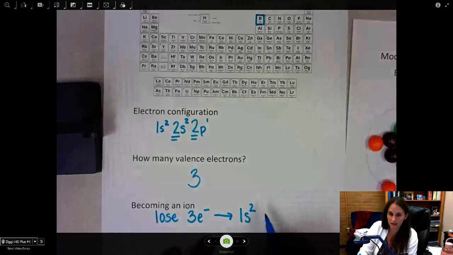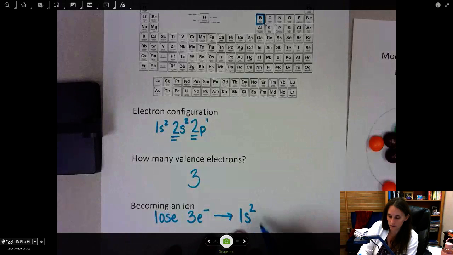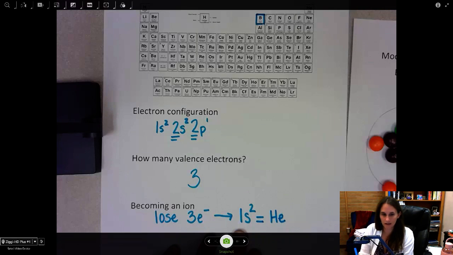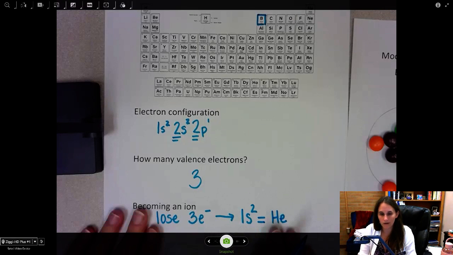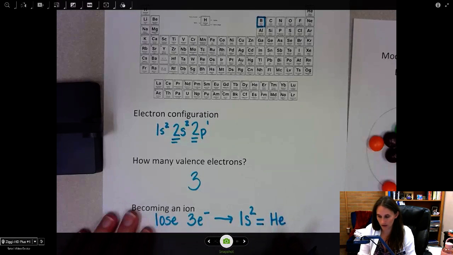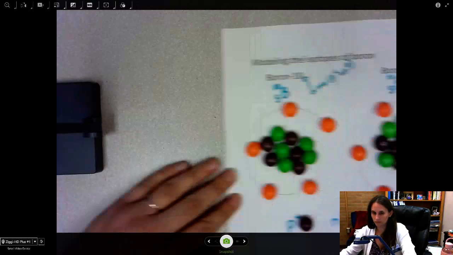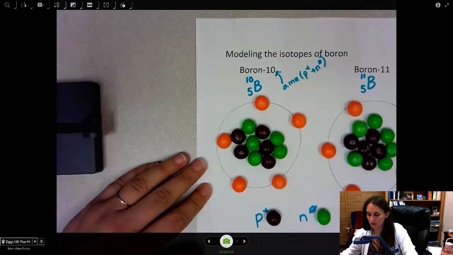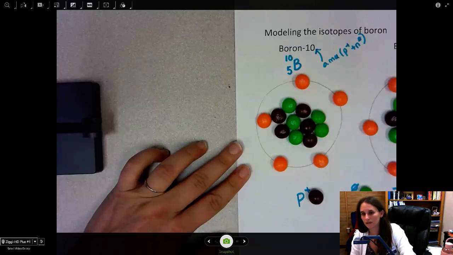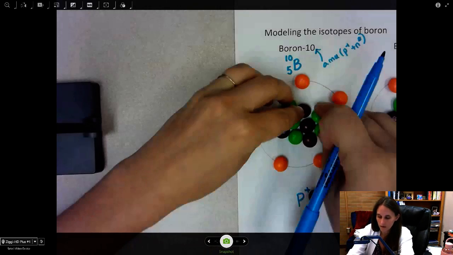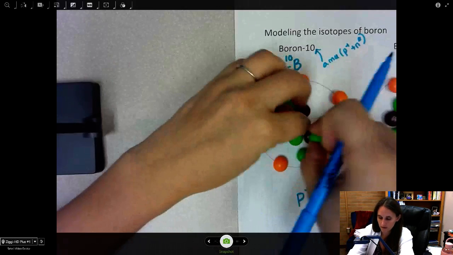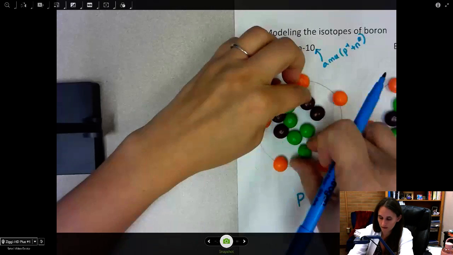And so when boron loses 3 electrons, it becomes isoelectronic with that noble gas helium. So how does that impact its charge? So let's go back just really briefly to the model. And we don't need to focus on both of them because it is the same, so we'll just focus on one of them. So I'm going to reorder these a little bit because I can do that with my Skittles.